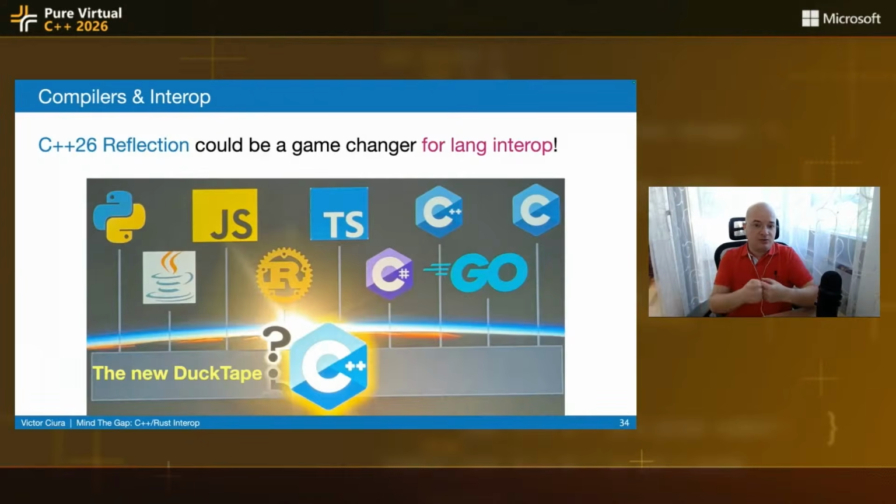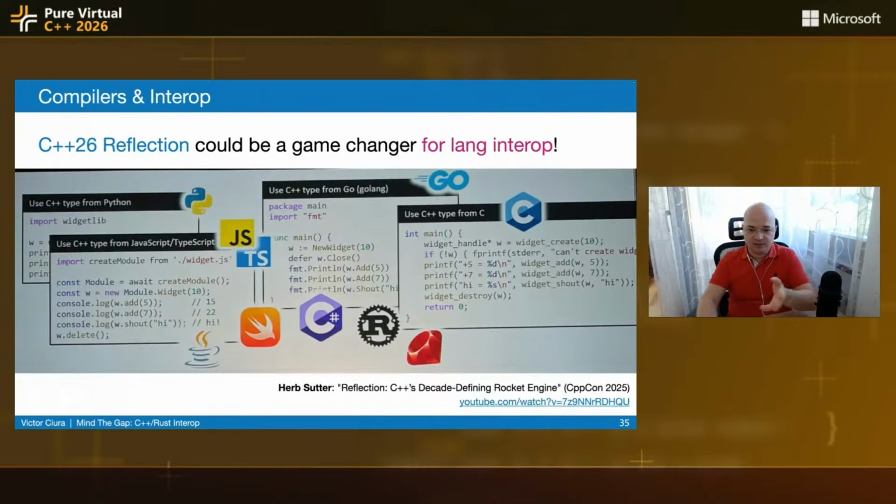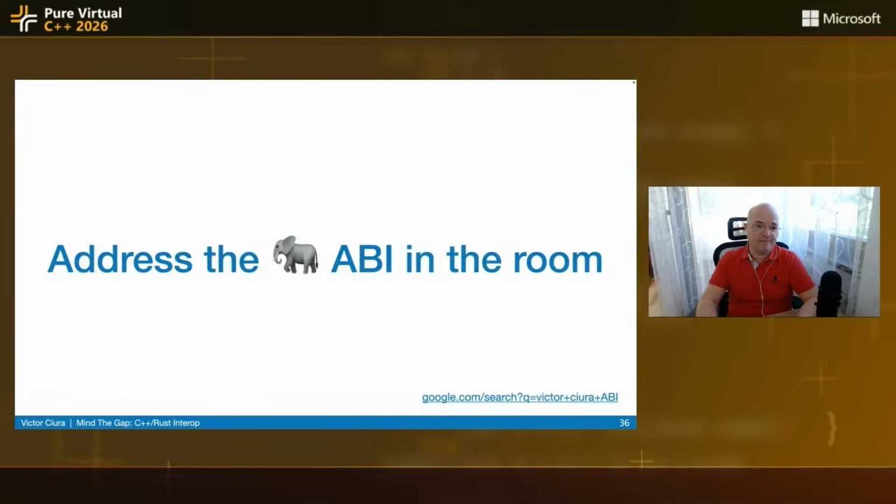On the language side, I believe that C++26 reflection could be a game changer for language interop, and I'm not the only one. I highly recommend you watch Herb Sutter's keynote from last year's CppCon, where he makes this one of the working cases for C++26 reflection, having C++ as the new lingua franca of interop across languages instead of C, because of reflection facilities that the language provides now.